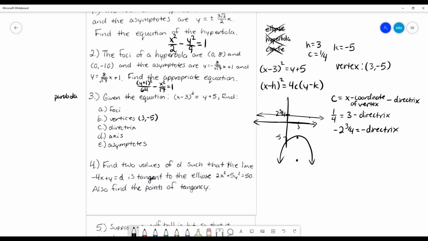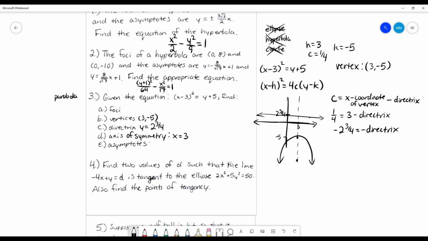Our directrix is going to be y equals 2 3/4, or 2.75, however you want to think about that. Jumping to the axis of symmetry: the axis of symmetry is at x equals 3.